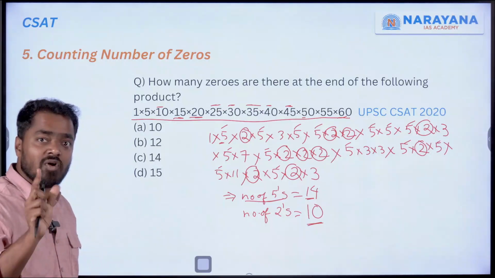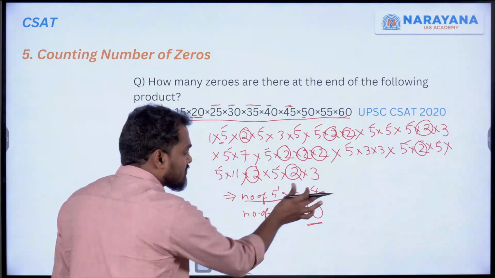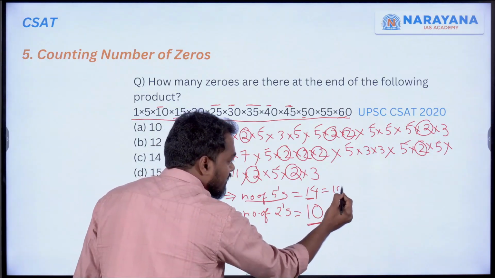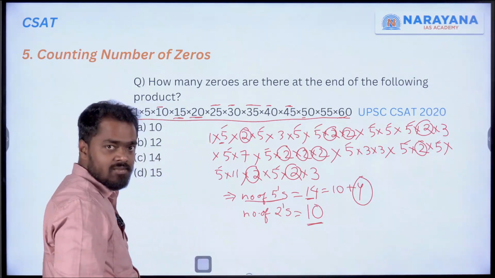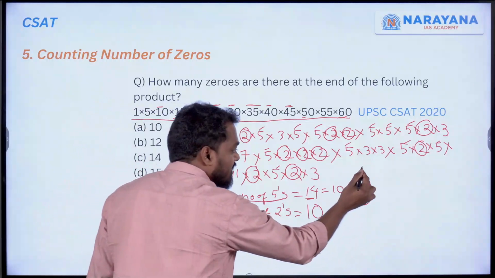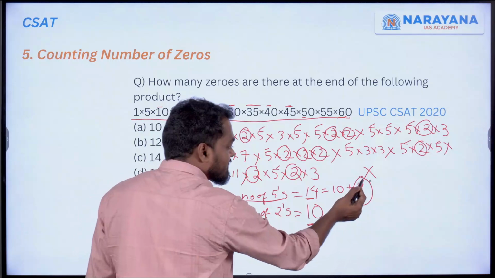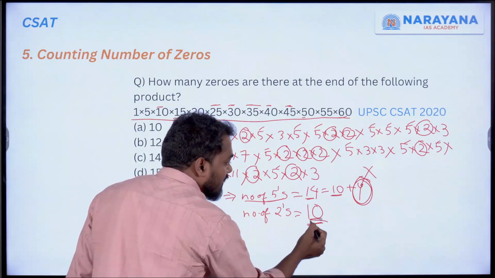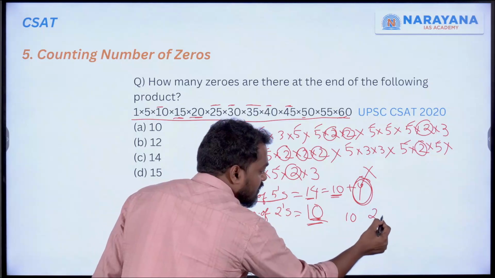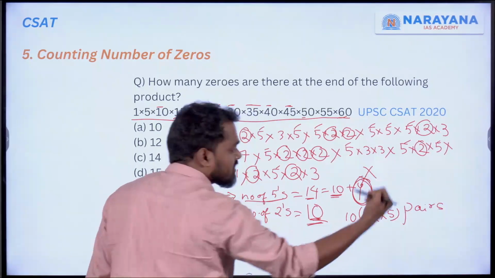Now how many 2 into 5 pairs? There will be only 10. This 14 is nothing but 10 plus 4. That means there are extra 4 5's, but that doesn't matter. As we discussed in our concept, these extra 5's don't matter. So there are only 10 pairs of 2 into 5 in this product.